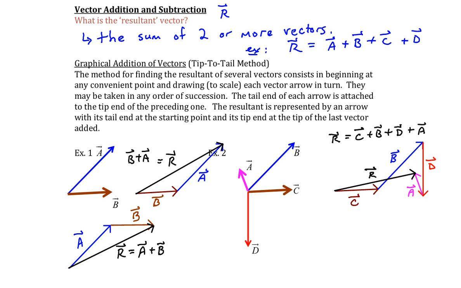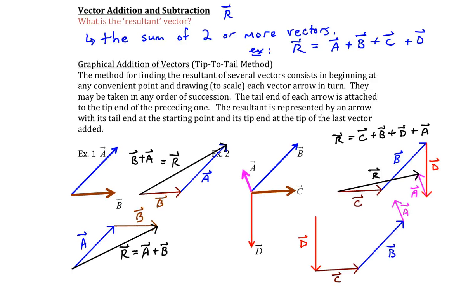But what would happen if you were to change the order and add, say, vector D, then C, then B, and then A? Would you get the same answer? Try it out. There's vector D plus vector C plus vector B, and finally vector A. The resultant would be from the tail of the first vector to the tip of the final vector we used.